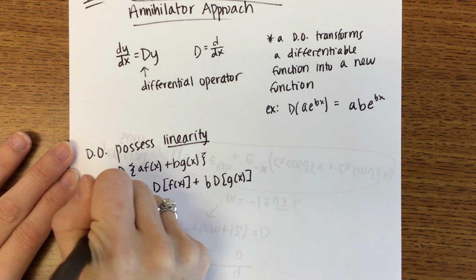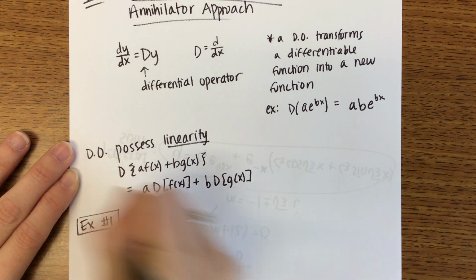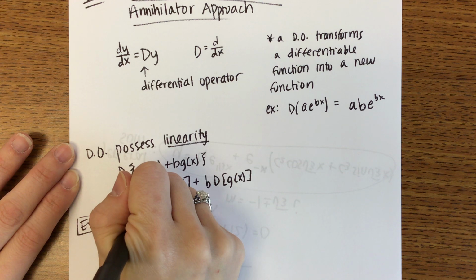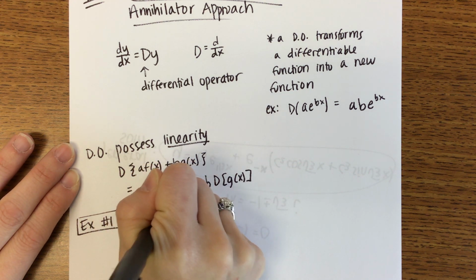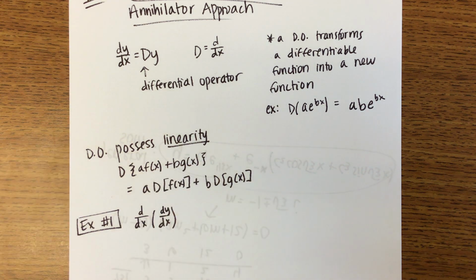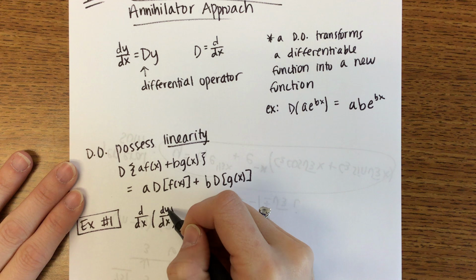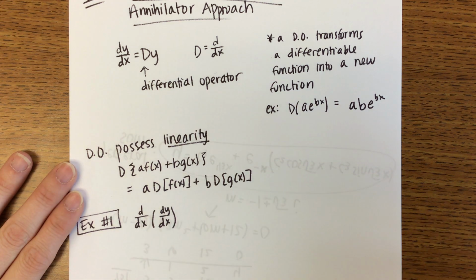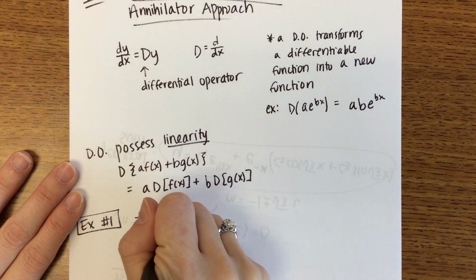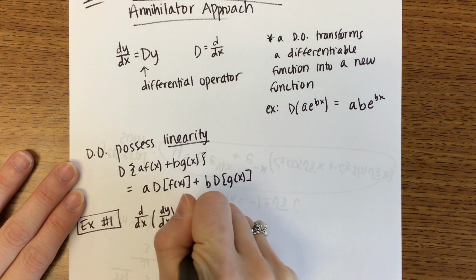Okay, first example. If we have this, I want to write that in terms of a differential operator. So this is saying take the derivative of y with respect to x, and then take the derivative again with respect to x. Another way to write that is D squared y.